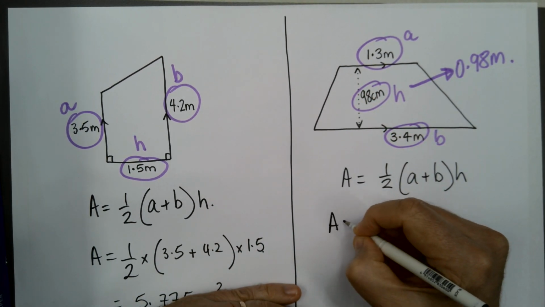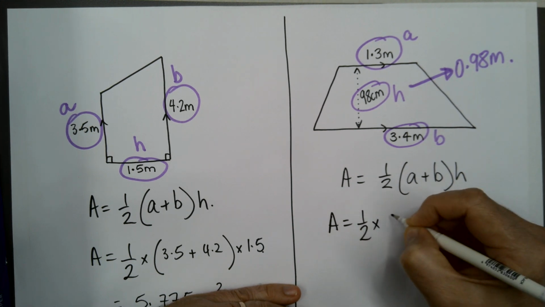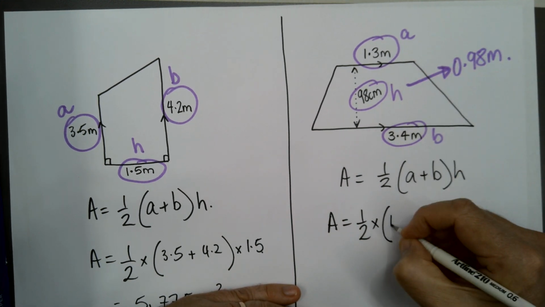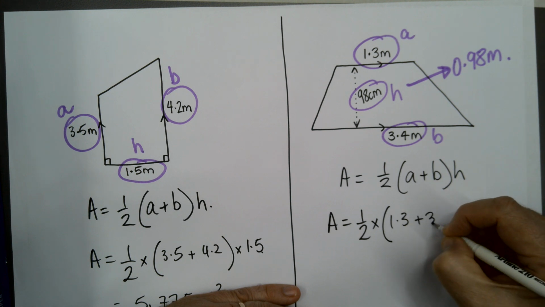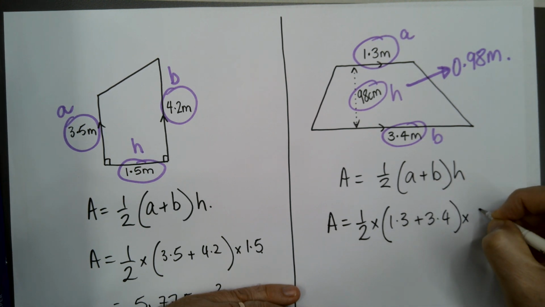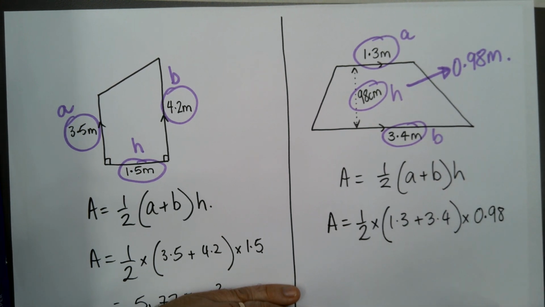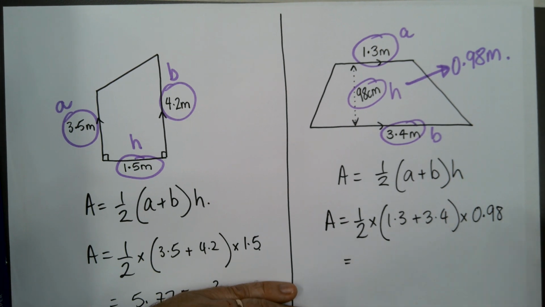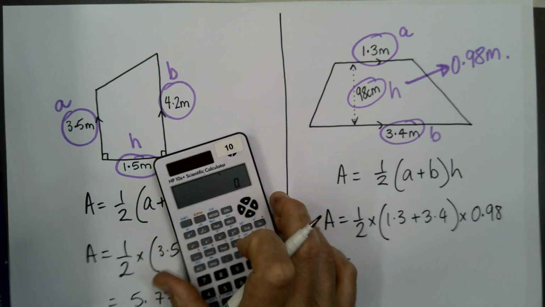All right, so area is a half times (A plus B) times H. Magic buttons once again.